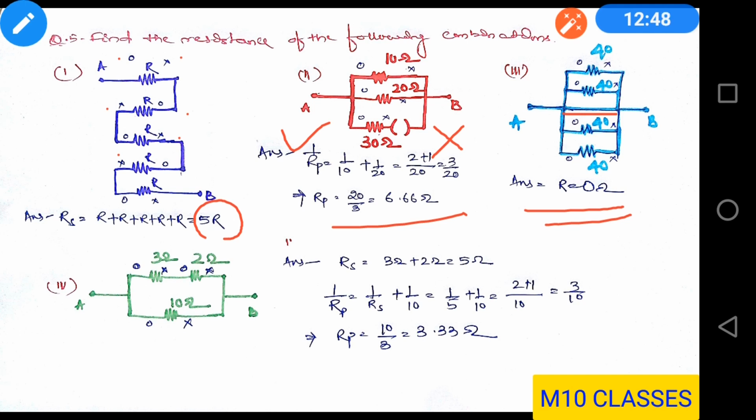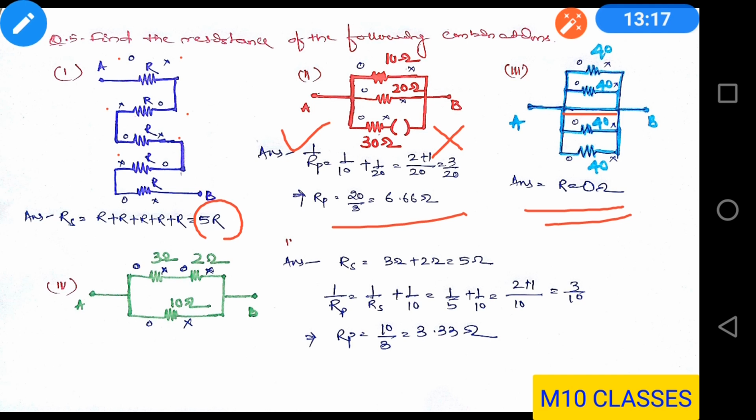That means through this path there is no resistor. And you know, everybody wants to go on a free path. Then why should the current go through the resistive path, as there is a conductive path? So when there is no resistor between 2 points and there is a conducting wire, this is short circuited and the current will not pass through these resistors, and that is why the resistance is 0.